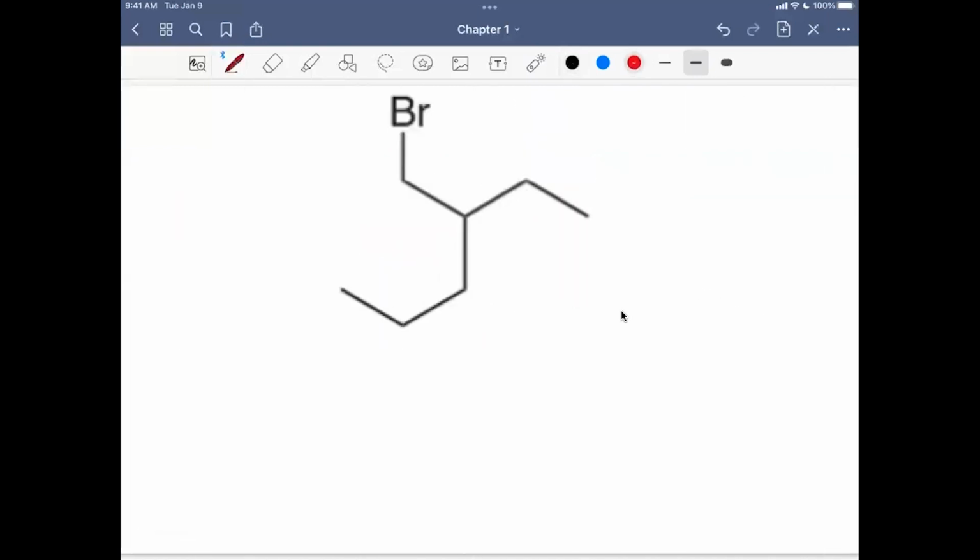Our longest chain here is 1, 2, 3, 4, 5, 6. And I numbered it that way because I realized that this is coming out here, so we need that to be included. But that's actually the wrong way to go about it, because that doesn't actually include our halogen.